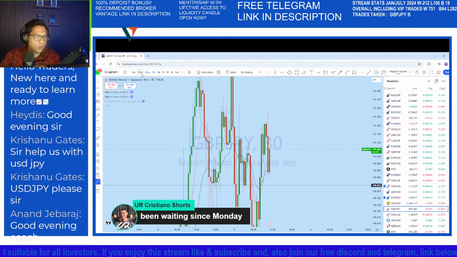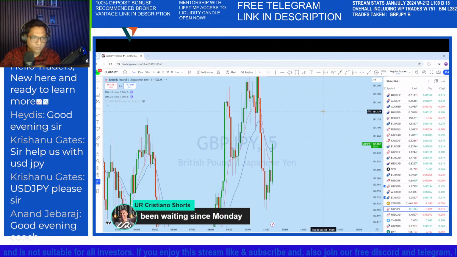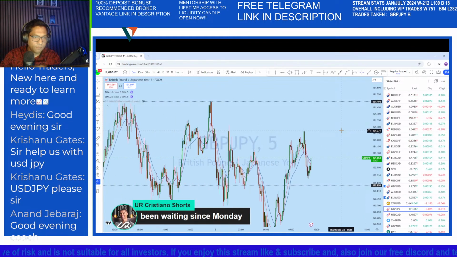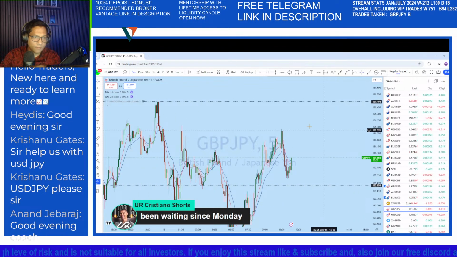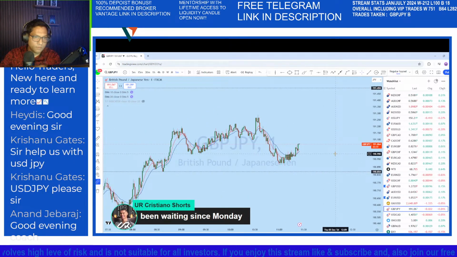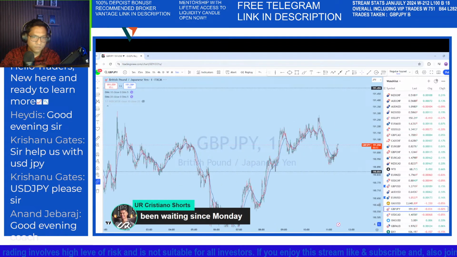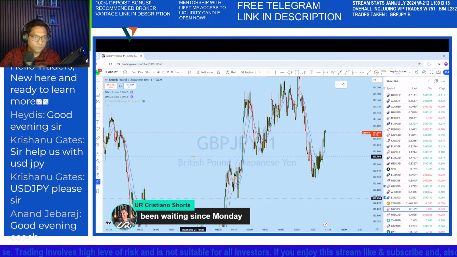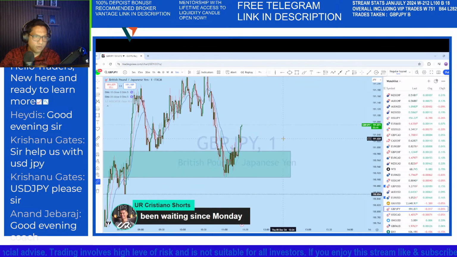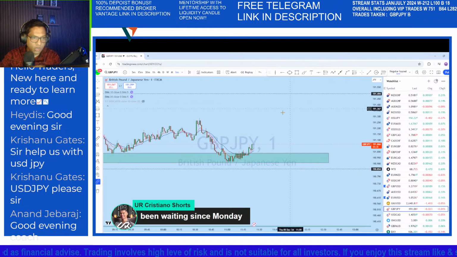So what you can see here on GBPJPY, this is an important level of support here on GJ, and I think that there is a probability for a potential upside here.